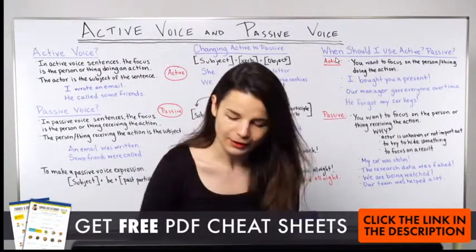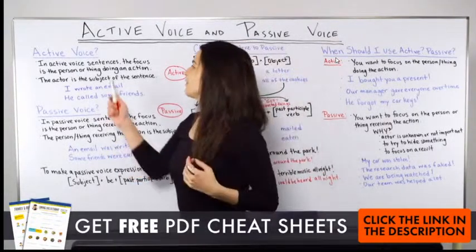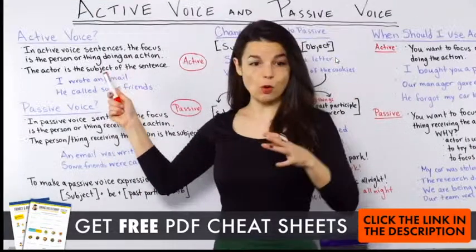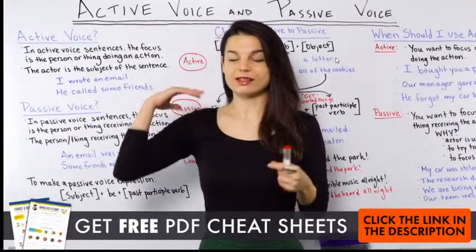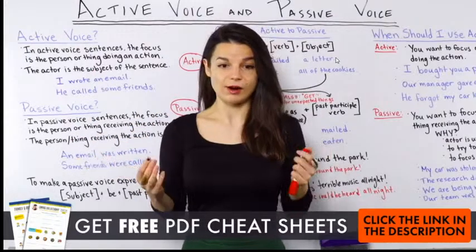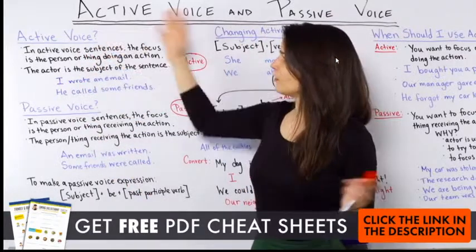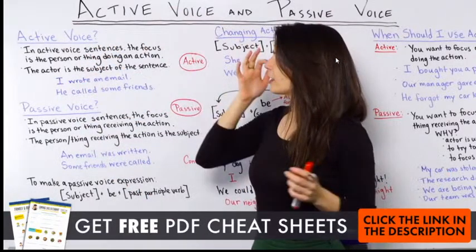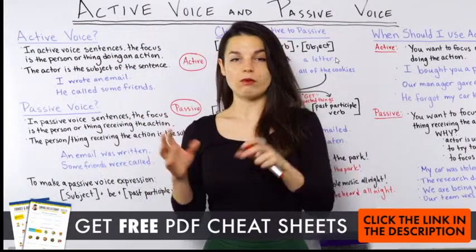Alrighty, so let's get started with the difference between active and passive. First, what is active voice? What is passive voice? Let's talk about what these things even are. I'm going to slow down a little bit too. So first, active voice. It's a way of speaking or a way of writing.